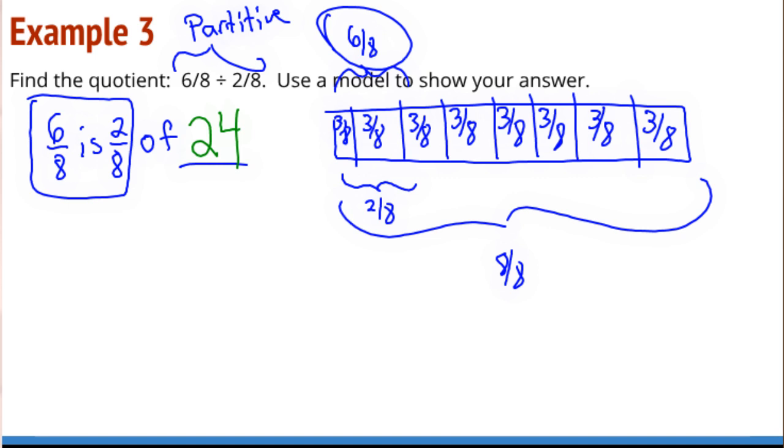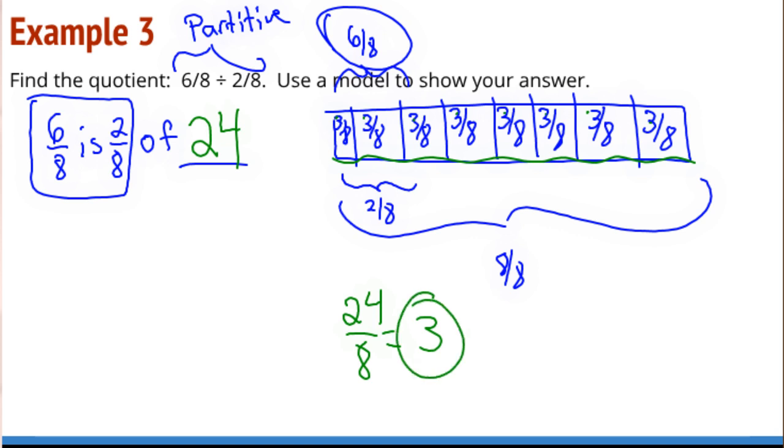And so then I can look and say, what do I have here? What is my total? Well, I've got 3/8 times 8. So 3, 6, 9, 12, 15, 18, 21, 24. And I can see that I have 24/8. And 24/8 is equal to 3.